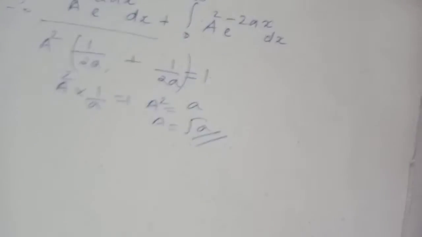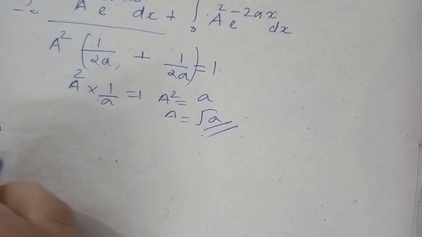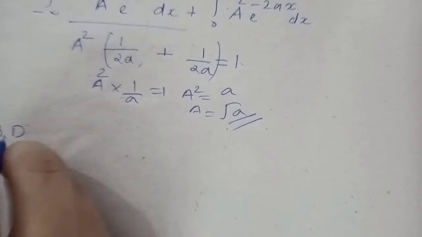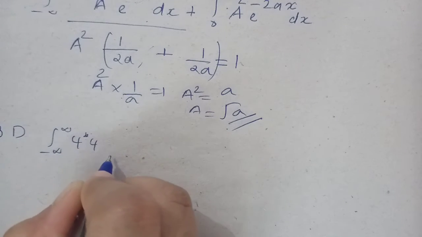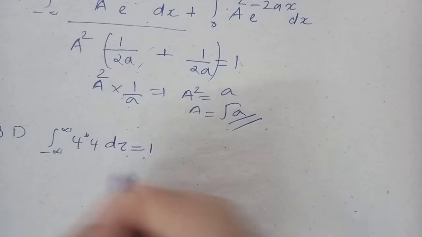And how to find the normalization constant in 3 dimensions. For 3D we know that the integral from minus infinity to plus infinity of psi star psi, not dx or dy or dz but d tau, is equal to 1.